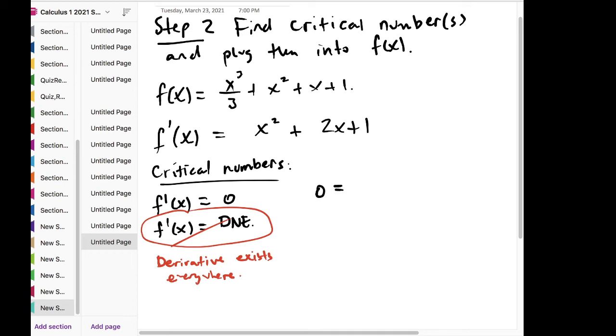How do you solve this for x? Factor. What are the factors?